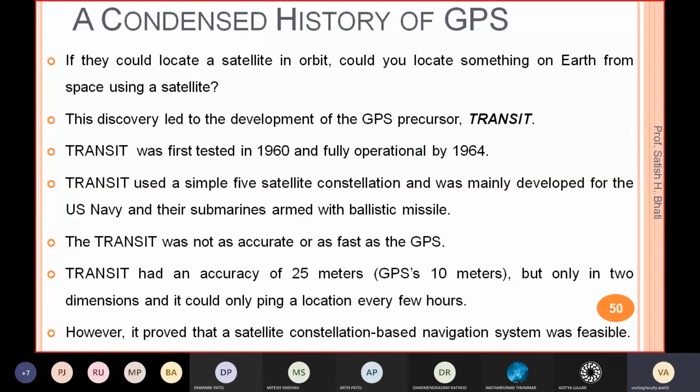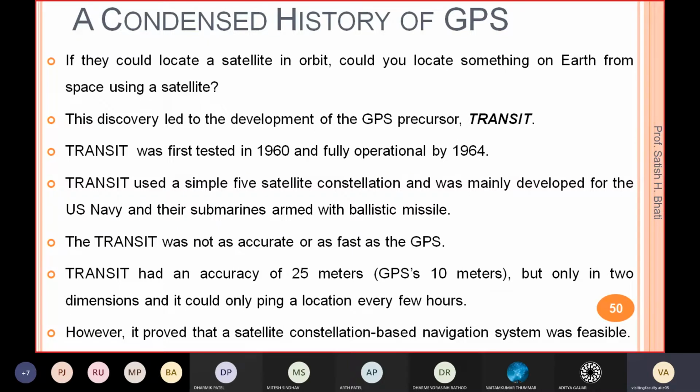This technology used a 5 satellite constellation, as the GPS nowadays uses 24 satellites. Similar to that, Transit was using 5 satellites. And Transit was mainly developed for the US Navy and their submarines armed with ballistic missiles.